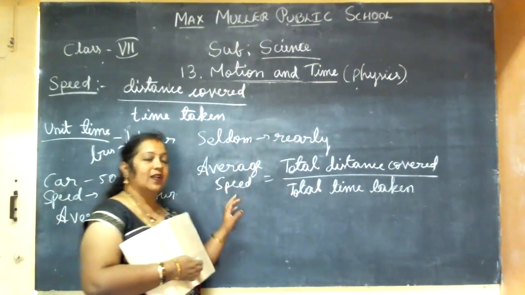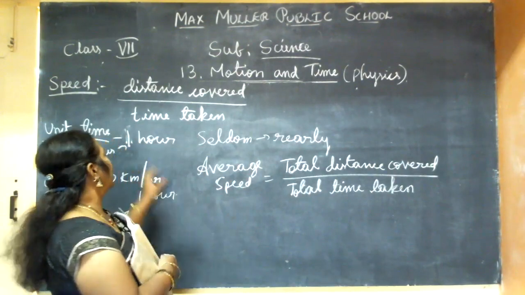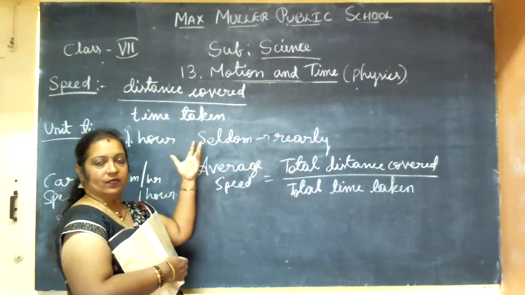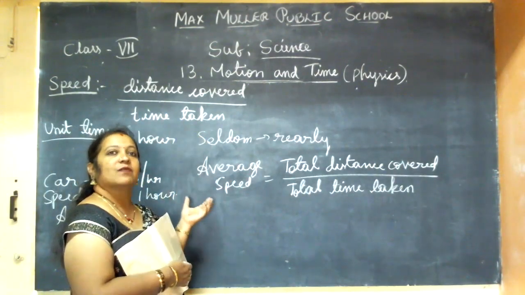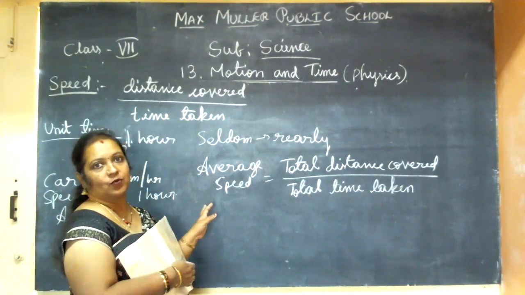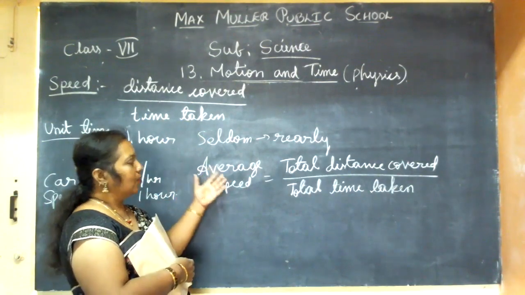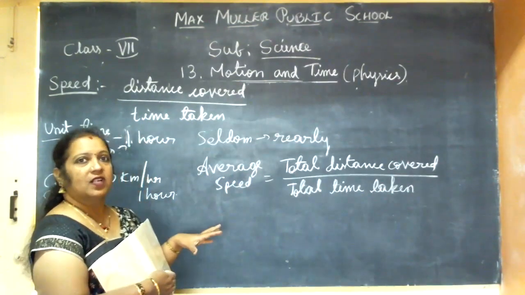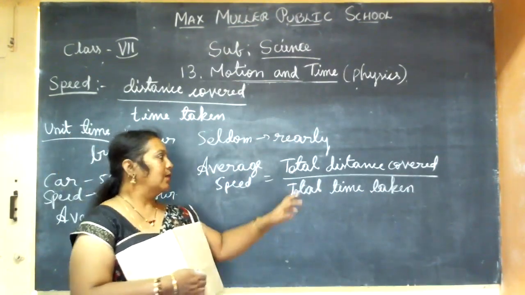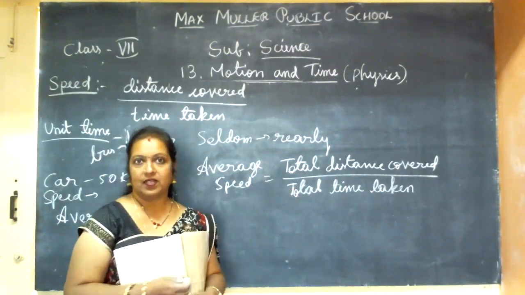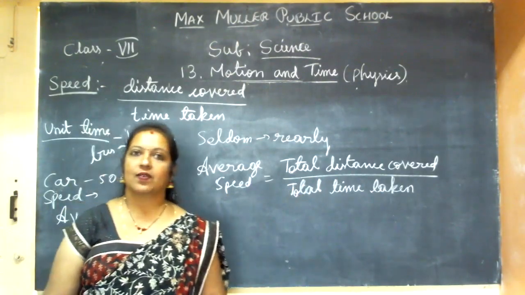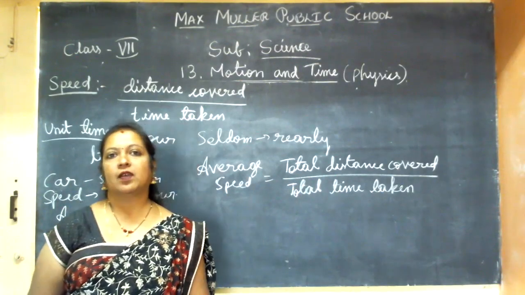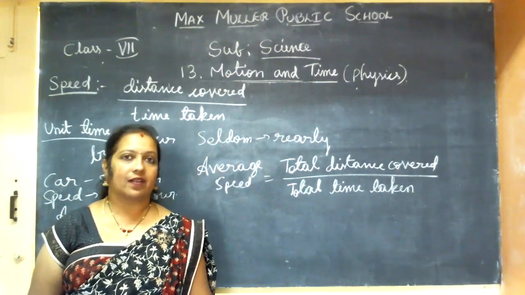So the formula now is changed, because with only the distance covered we are not exactly telling that it is moving with a constant speed only. That's why we calculate the total average speed. So in average, it means total distance covered by total time taken. Understand? So in that way we can calculate the average speed of a moving body or a vehicle, a car.